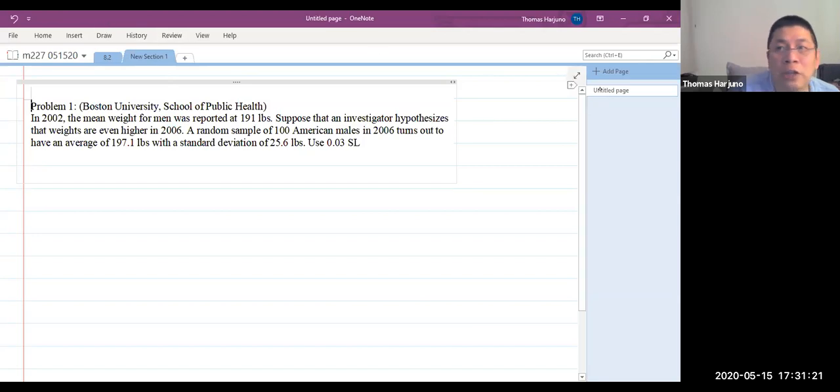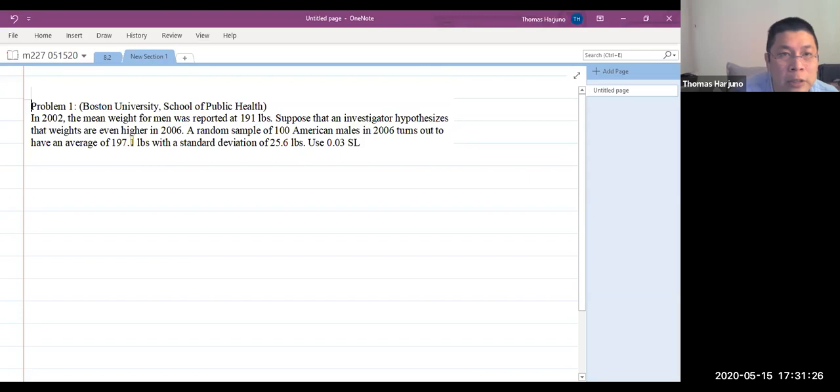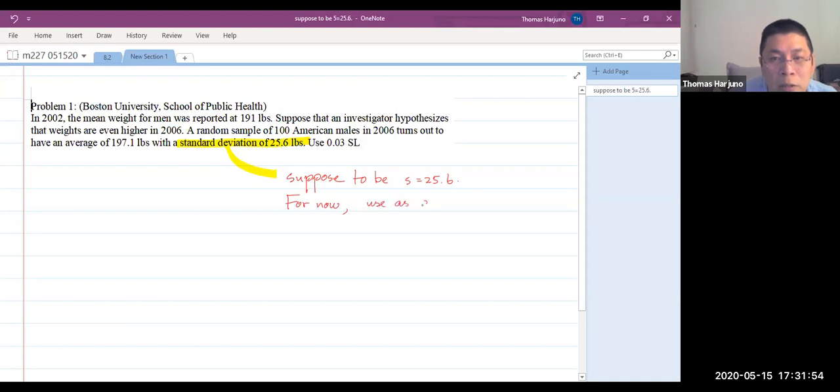Assume the standard deviation here to be, this is actually a sample standard deviation. It's supposed to be S equals 25.6. For now, use sigma equals 25.6.